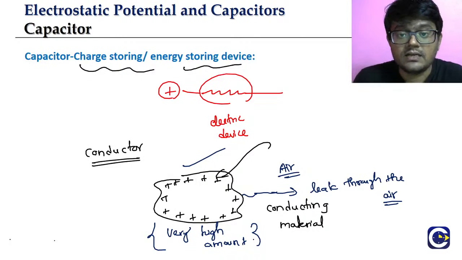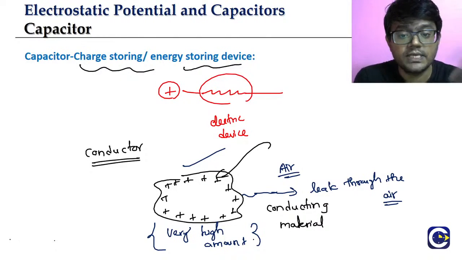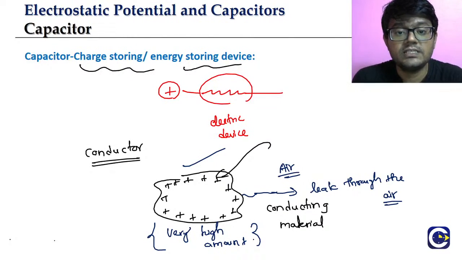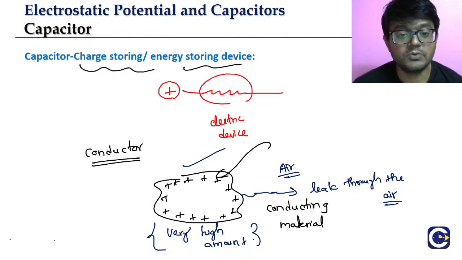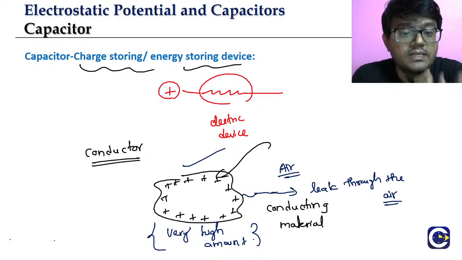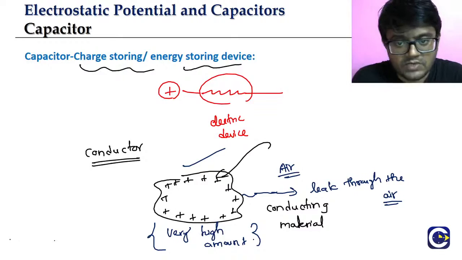It generally depends on the stage at which the charge starts leaking into the surroundings. We will discuss that again. There is a specific term for it, which we will discuss later. But this is the simple concept of a conductor behaving like a capacitor. Okay?